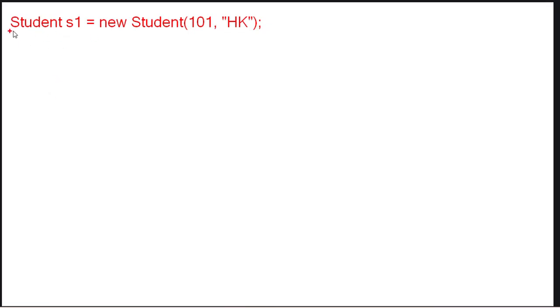Tell me what the flow is here. Write down along with me. Student s1 equal to new Student of 101 comma HK.